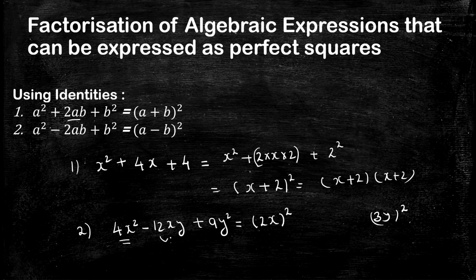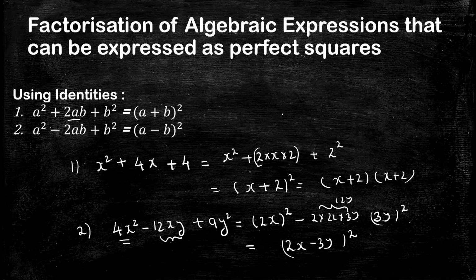Now let's see if the middle term can be written as minus 2 into 2x into 3y. So this gives me 12xy, which is same as here. So now I can apply the identity directly, 2x minus 3y the whole square.